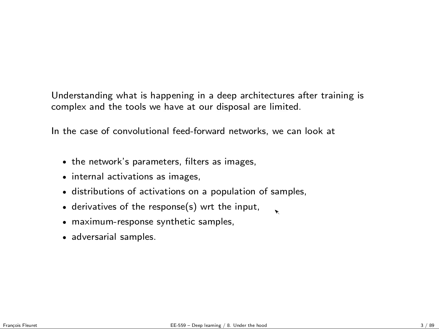Then we can look at how changing the input impacts the output, so basically the derivative of the response, or of the intermediate activations, with respect to the input. And then we will finish with crafting from scratch examples which induce maximum response from the network, or even a very wrong response from the network.